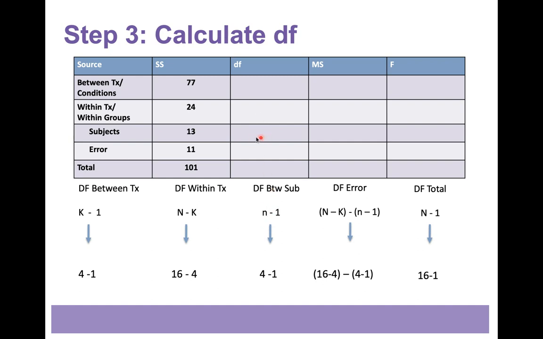My between subjects degrees of freedom, my individual difference degrees of freedom, is little n minus 1, so 3. My error degrees of freedom is the degrees of freedom within minus the degrees of freedom from the subjects. So big N minus K minus little n minus 1, right?